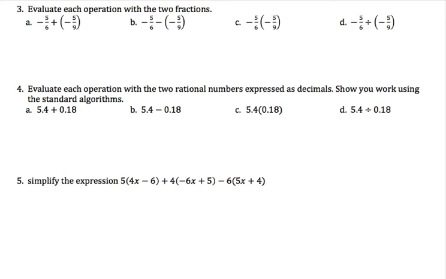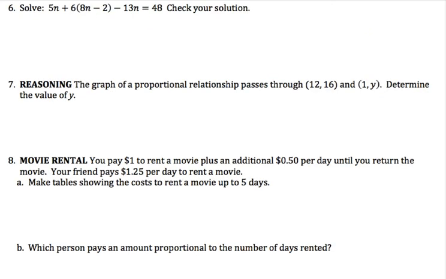Number 5 is a review of simplifying expressions. Number 6 is a review of solving an equation. Number 7 is similar to that last problem we did in the notes. You're trying to figure out the value of y. Now remember that if it's 1 comma y, that y is essentially your unit rate number. So y per x. And then number 8 compares two different movie rental rates. And it's asking about whether you or your friend are proportional on part C there.